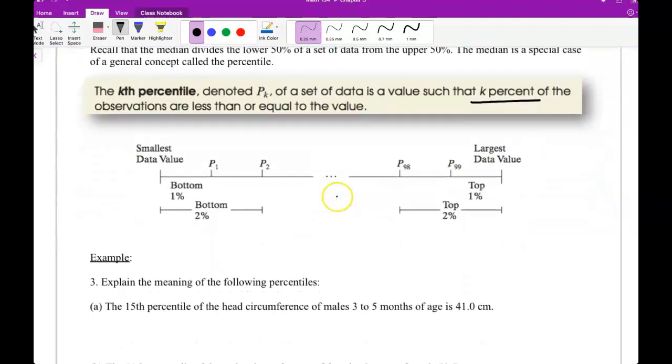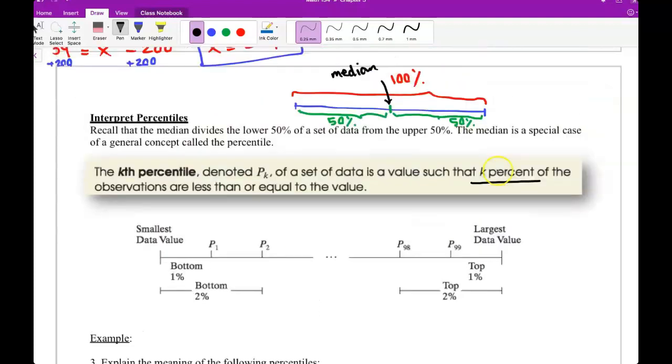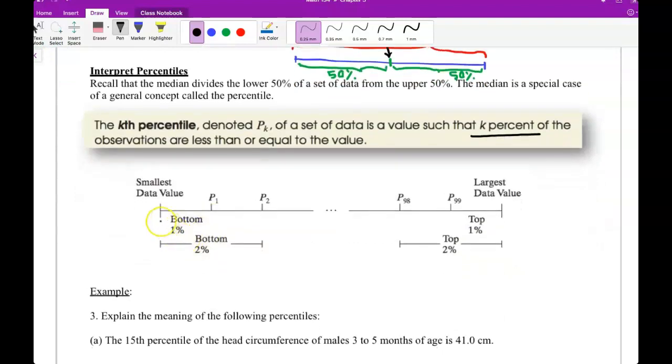Let's see what that is. Here on this part we have starting from 0 up to 100, exactly what I had here. So in total we have 100%. Starting from left, this P1 means 1%, so the 1st percentile. This is the 2nd percentile, the 98th percentile if I start from left.